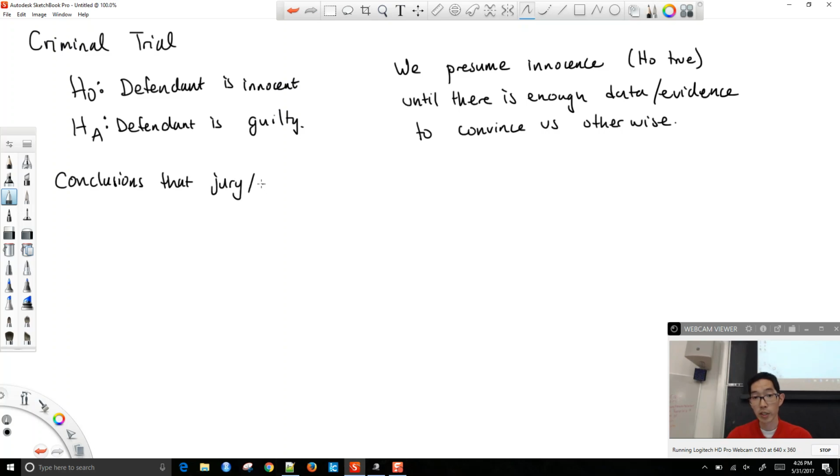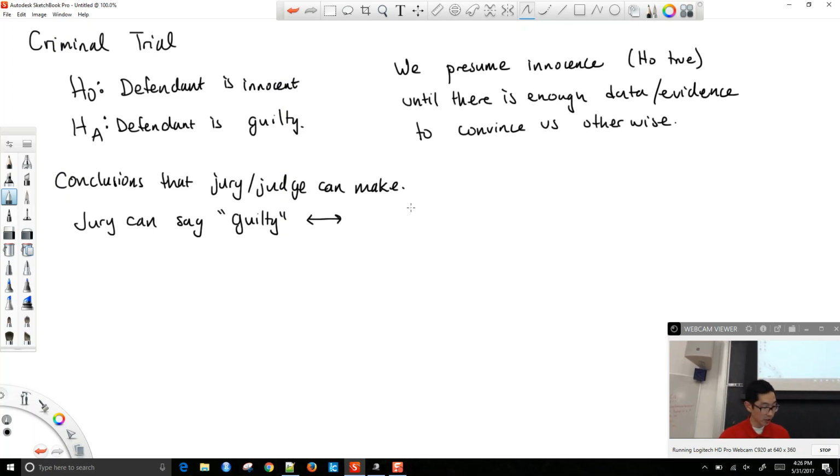The jury can say guilty, and that is equivalent to rejecting the null.